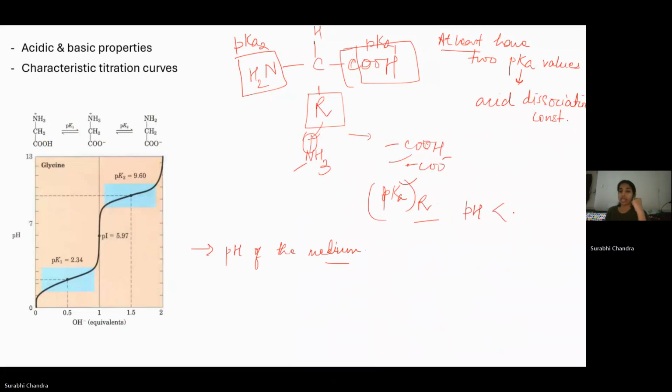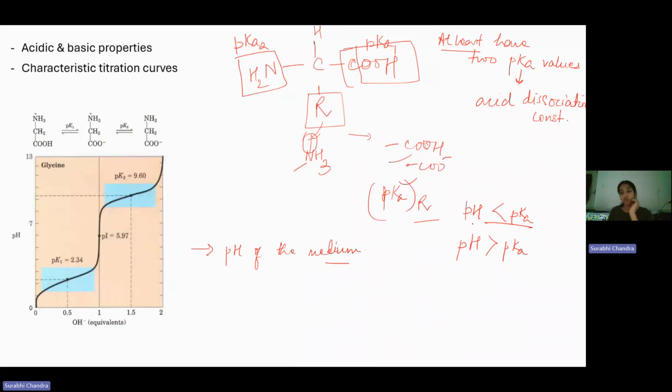When the pH of any medium is less than the pKa value, what happens? And when it is greater than the pKa value, what happens? pK is basically the tendency of any molecule or atom to donate a proton or accept an electron.